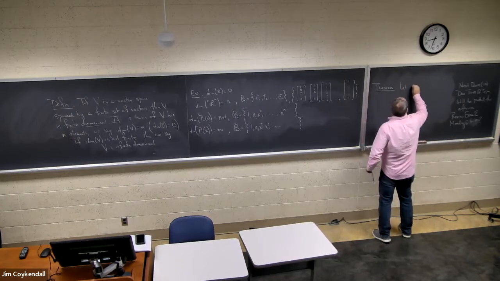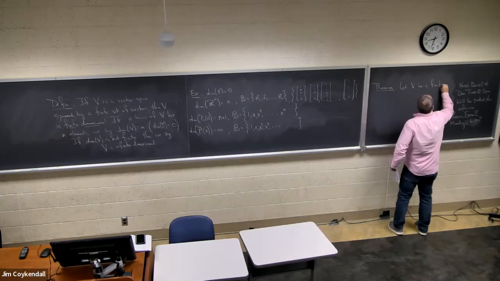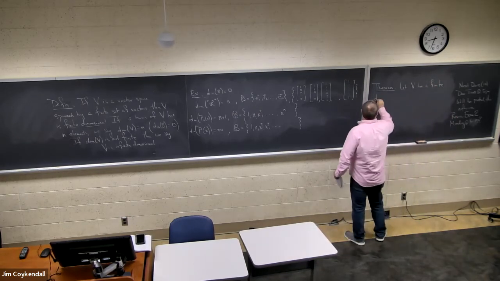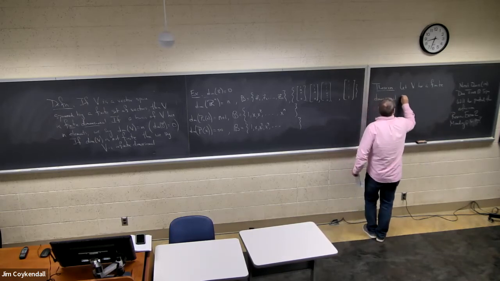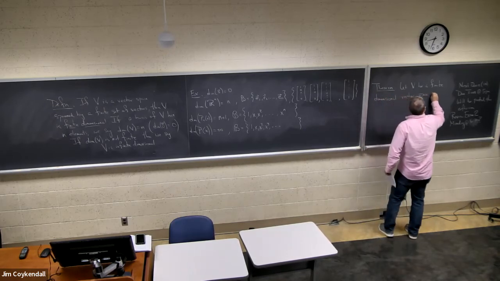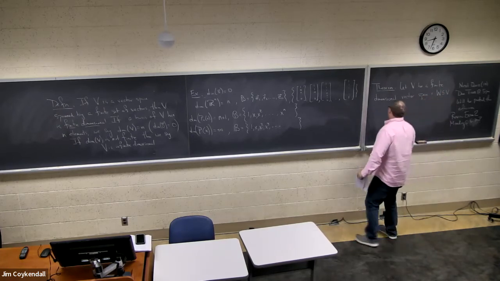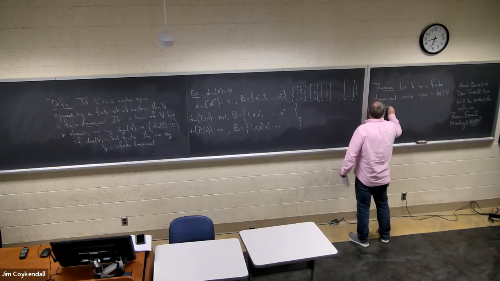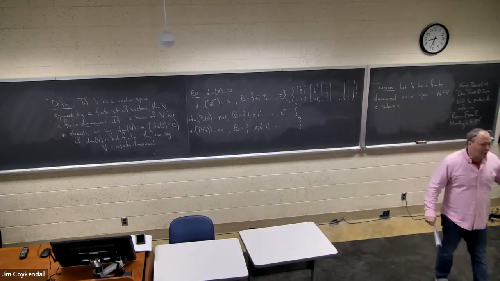Let V be a finite dimensional vector space, and W inside of it a subspace. So remember, what do I know about W?